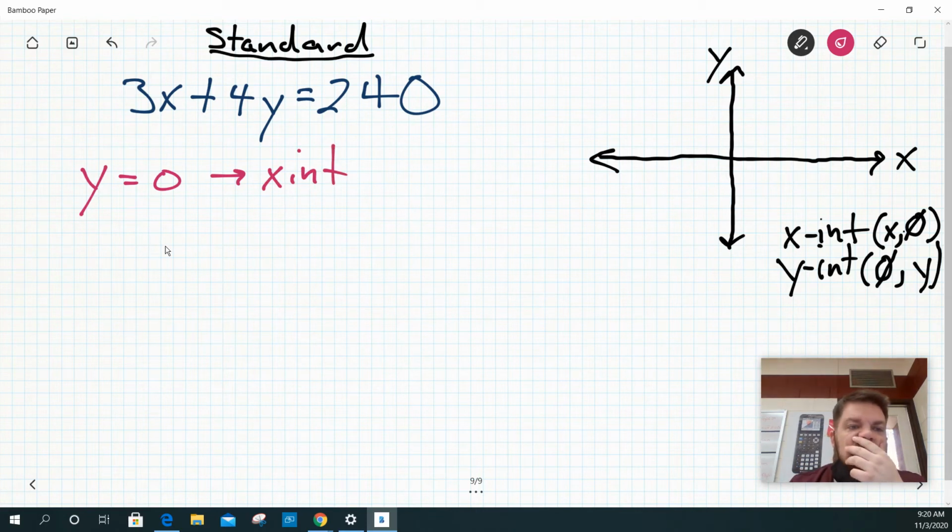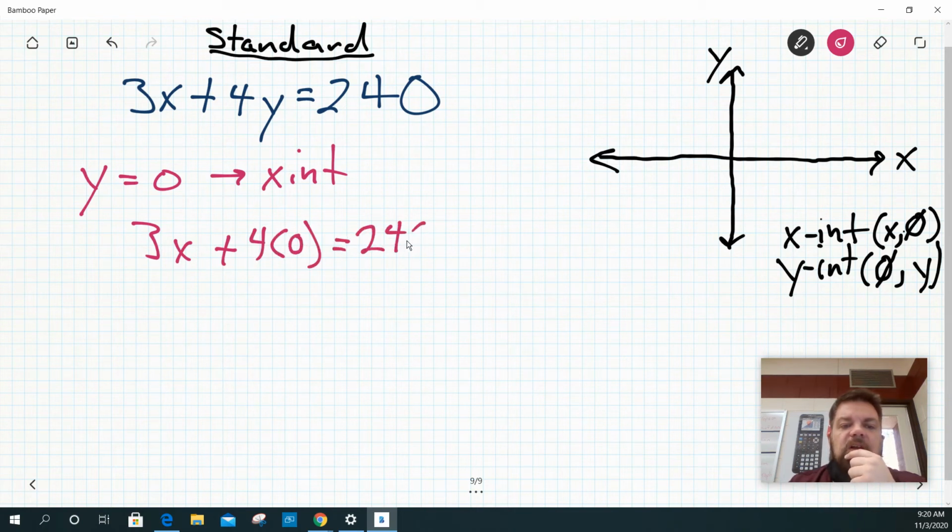So if I say 3x plus 4 times 0 equals 240, what happens to this term that's multiplied by 0? It goes away completely, right? And this goes to 0, so I get 3x equals 240.